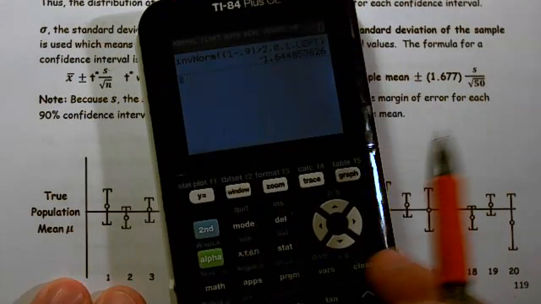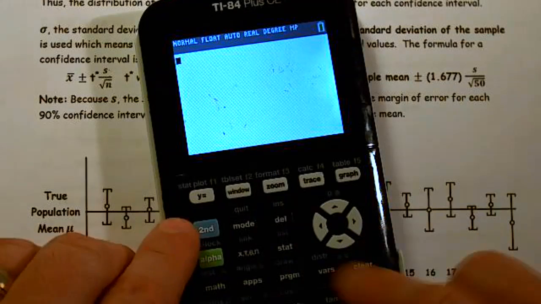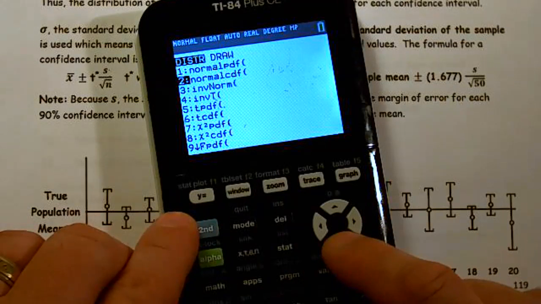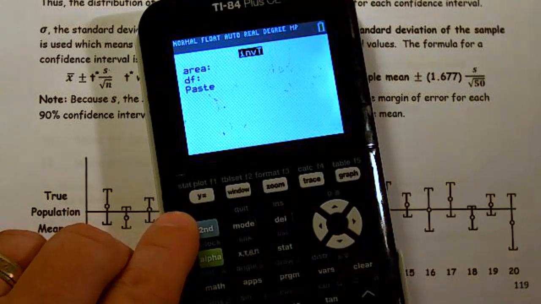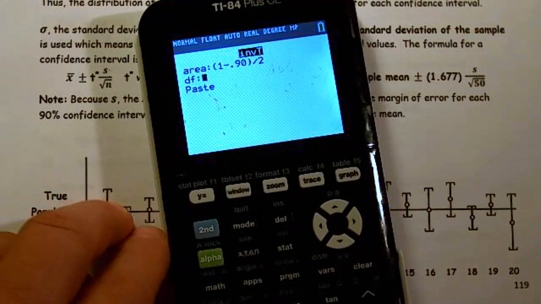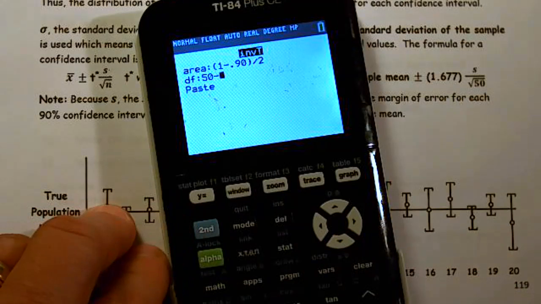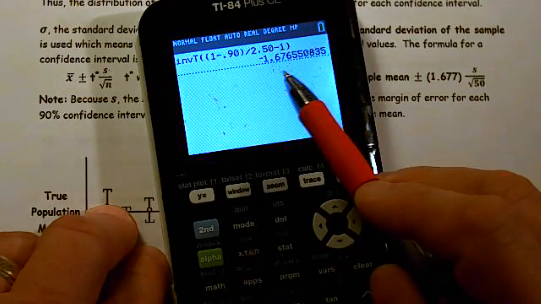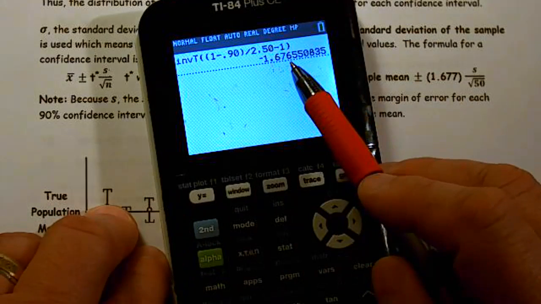All right. So let's go ahead and calculate a T star. So second vars, inverse T, once again, parenthesis 1 minus 0.90, because we're going to do a confidence level of 90%, divided by 2. And our degrees of freedom, in this case, is just going to be 50 minus 1, or 49. And we end up getting 1.677.